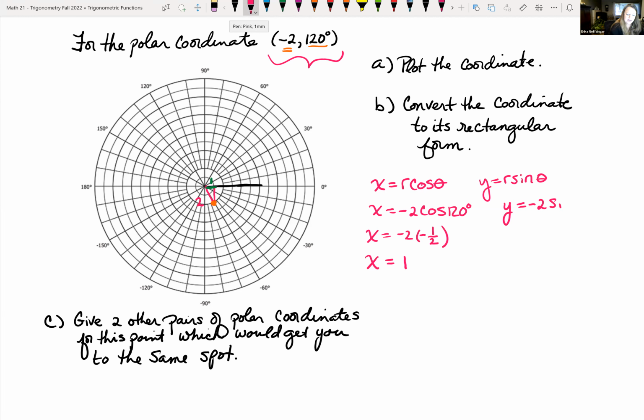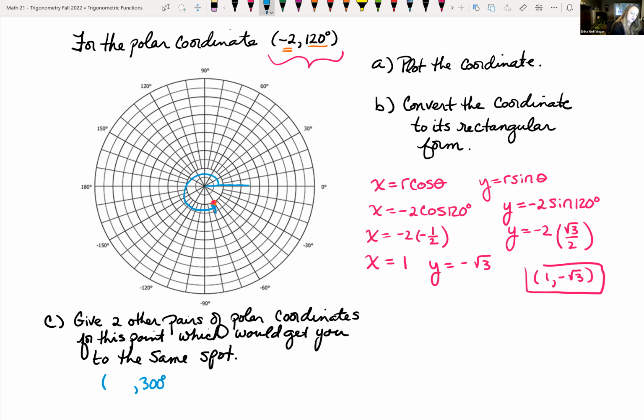See in your directions, if they wanted your angle to be between 0 and 360 degrees, we would not use -60 degrees. We would use 300 degrees. Because I would be going in the same direction, I'm going to have (2, 300). If it didn't tell me my angle had to be positive, I could use -60 degrees. So there are a lot of different answers that can vary here for this situation.